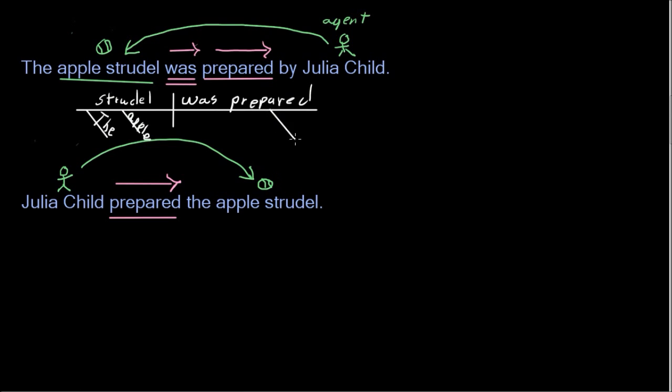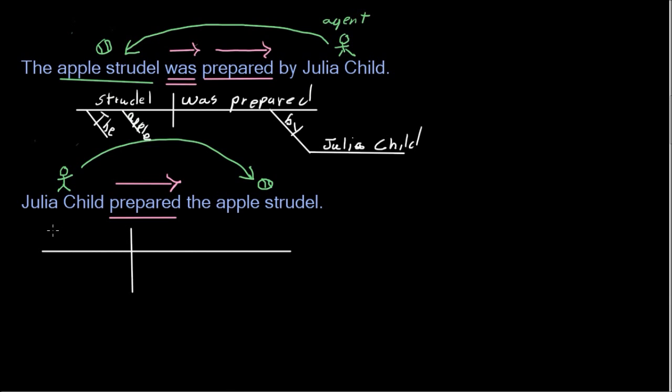Now that word by is one of the clues that you're in the passive voice. Not all the time, because quite often the agent doesn't show up, as we'll see in one of the next examples. But if you see a be verb followed by the past participle form of another verb, and the word by, you've probably got a passive voice.